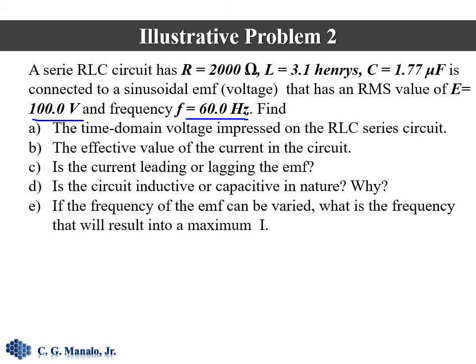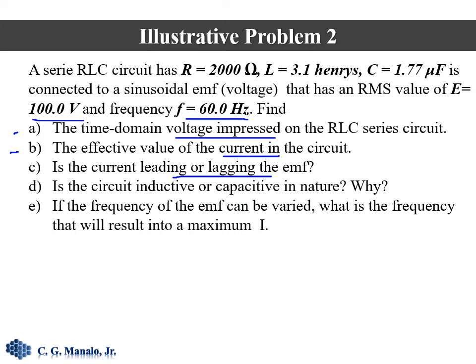So we're asked to determine the time domain expression of the voltage impressed, so that is the source, that is what we're looking for. So what is the time domain expression, or what is the sinusoidal function given the RMS value? Second is what is the effective value of the steady state current that will result from the series RLC, and whether this current is leading or lagging the applied voltage.